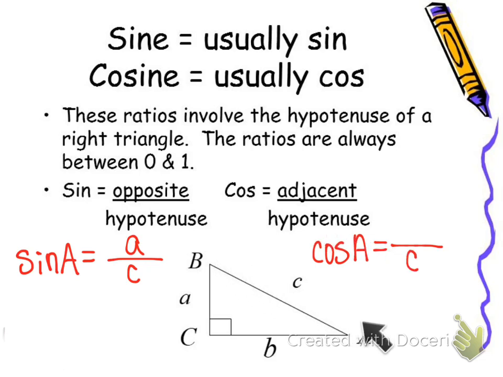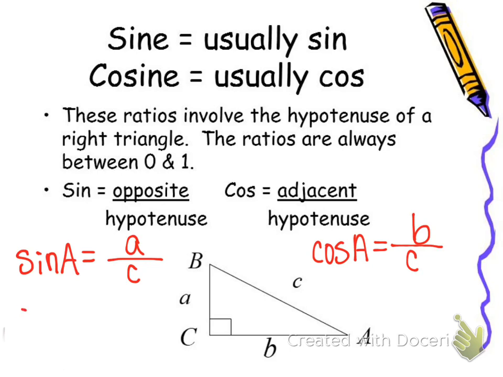The hypotenuse does not change. If we're talking about angle A though, if C is the hypotenuse and A is opposite, the only option we have left for adjacent is little b. Usually the adjacent side is the hardest one to identify, so I would identify the others first. And then whatever's left over should be your adjacent side.